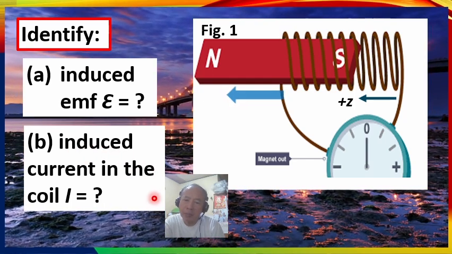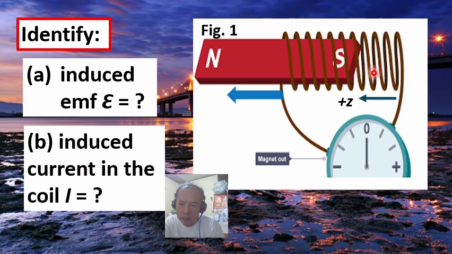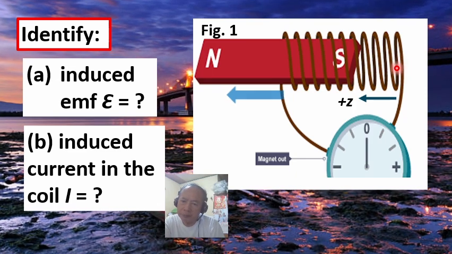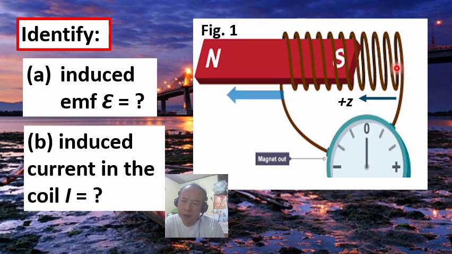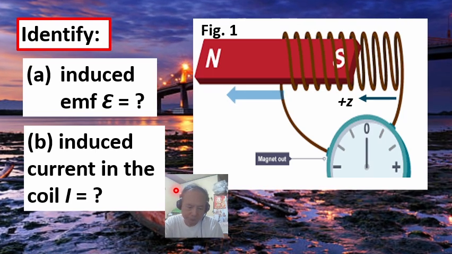Indeed, there will be an induced current in the coil, because the coil is a conductor.